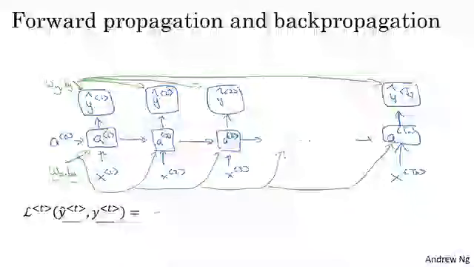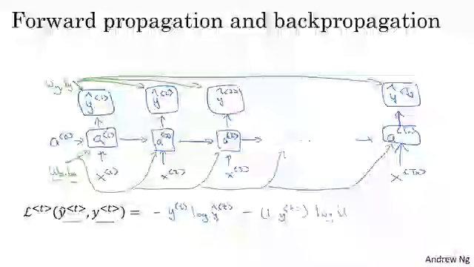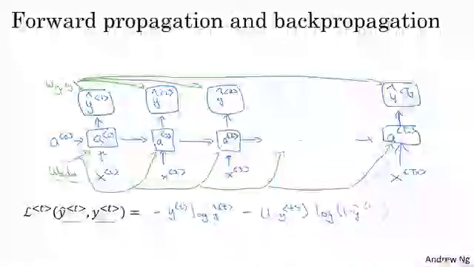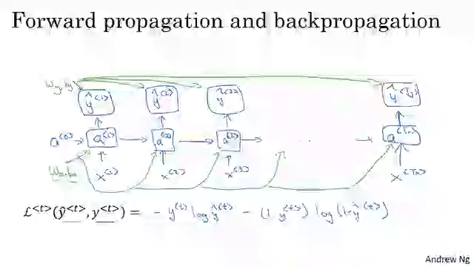Right? So I'm going to define this as the standard logistic regression loss, also called the cross-entropy loss. This will look familiar to you from when we were previously looking at binary classification problems. So this is the loss associated with a single prediction at a single position, or the single time step t for a single word. Let's now define the overall loss for the entire sequence.